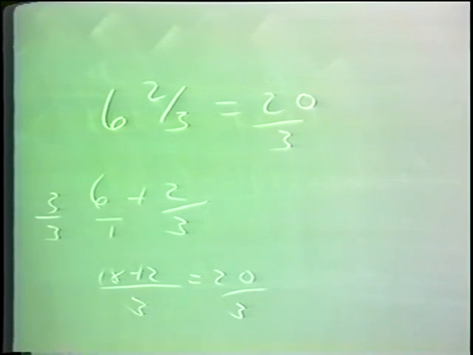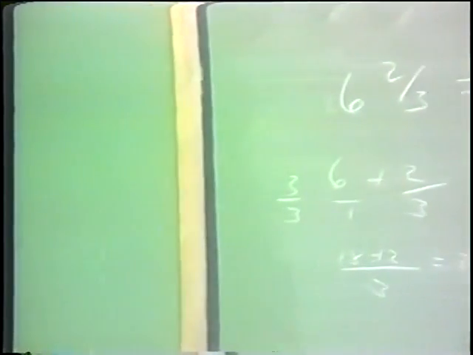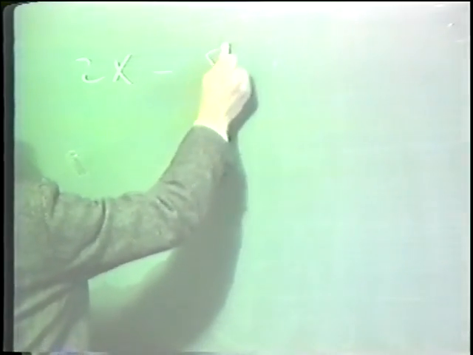So let's take a look at some algebraic mixed numbers. And we want to convert these to single fractions. Let's start off with 2x minus 5 over 3x.